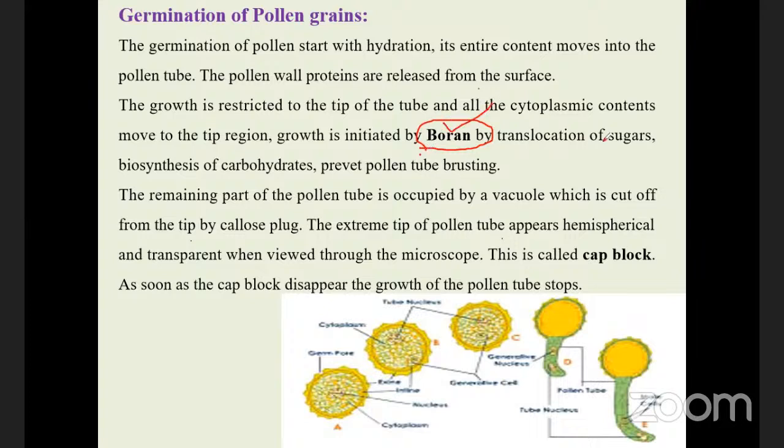Boron. Boron and sugars, these two contents determine or initiate the germination of the pollen tube. If the boron content is less, the pollen germination is stopped.